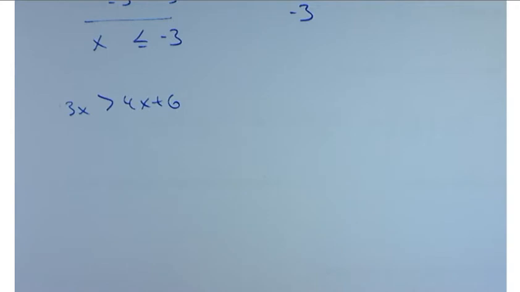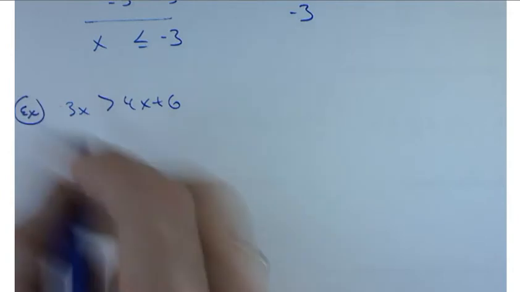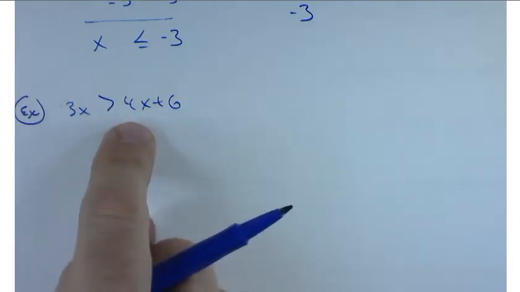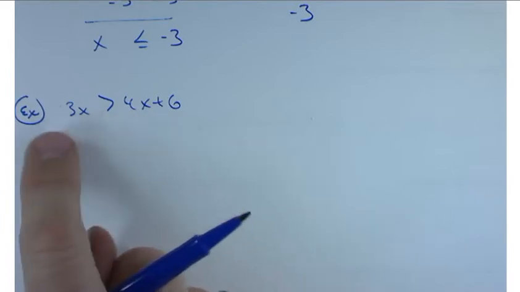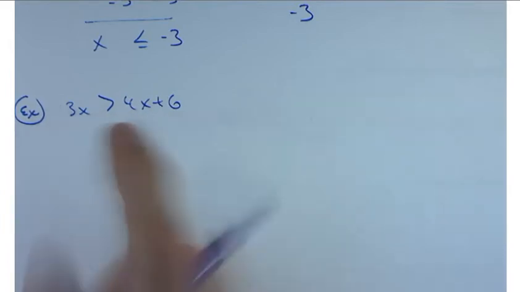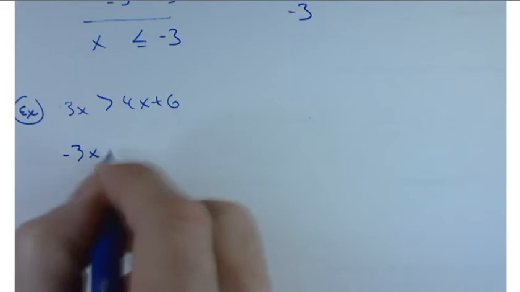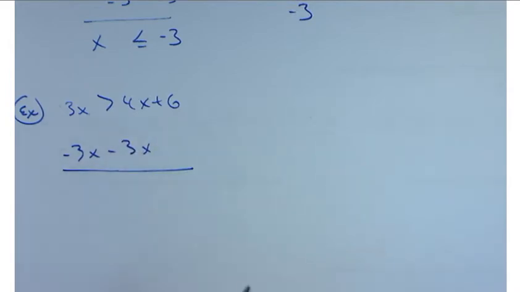So one way to solve it is, personally I like moving the variable to the side with a larger coefficient. So that'd be moving the 3x to the right-hand side here. If I subtract 3x from both sides, Jacqueline, what do I get? What inequality pops out?